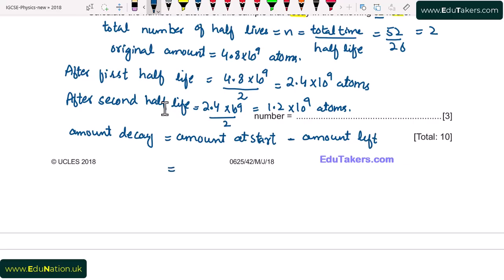So it will be equal to 4.8 into 10 to the power 9 minus 1.2 into 10 to the power 9. It will be 3.6 into 10 to the power 9 nuclei. So the number will be equal to 3.6 into 10 to the power 9 nuclei.